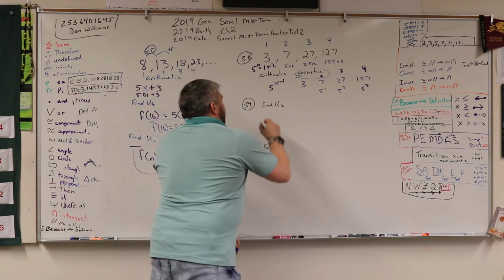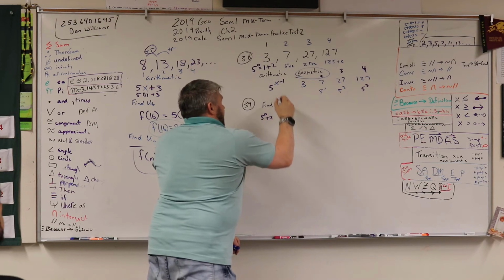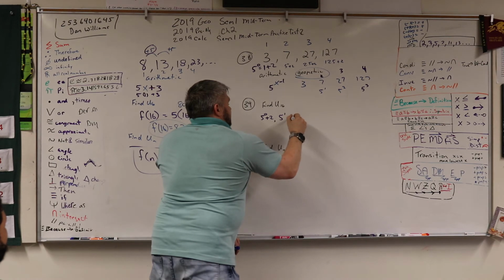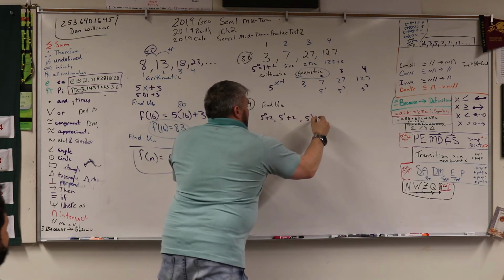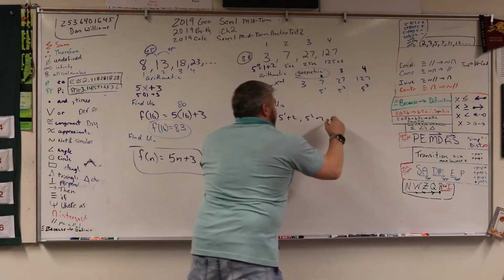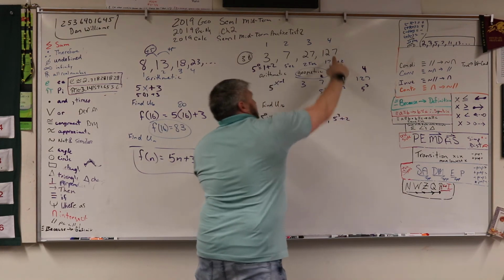So we have 5 to the 0 plus 2. We have 5 to the 1 plus 2. We have 5 to the 2 plus 2, so 25 plus 2, right? It's 27. We have 5 to the 3 plus 2 to get 127.